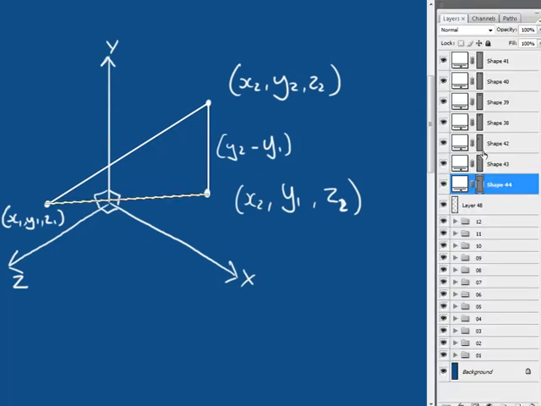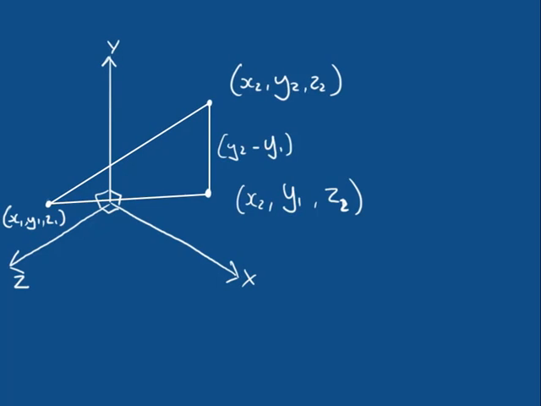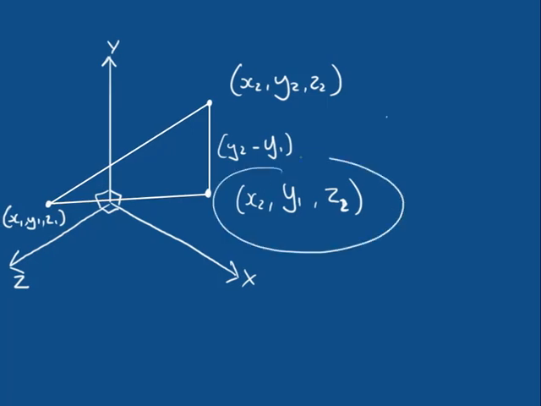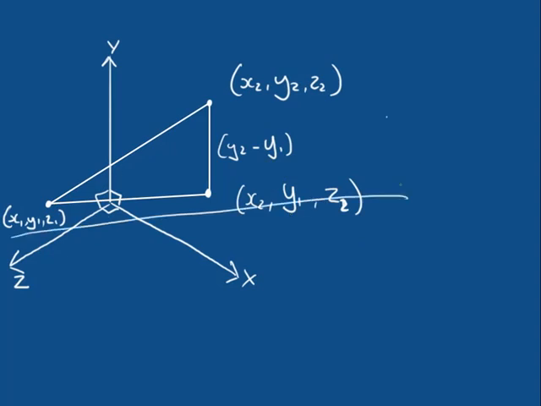And how do we know that this forms a right-angled triangle? We'll look at our start point, x1, y1, z1, and look at our end point, x2, y1, z2. We're not moving in y, we're only moving in x and z.